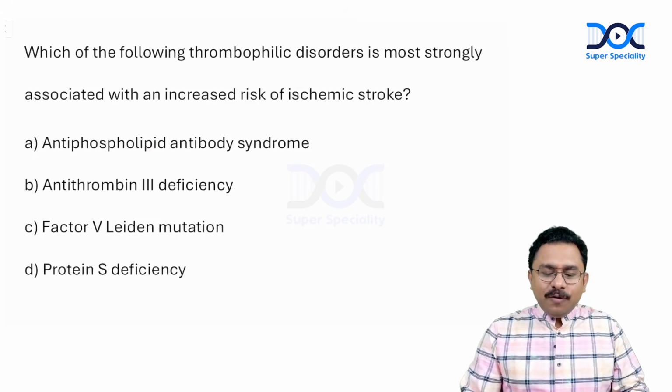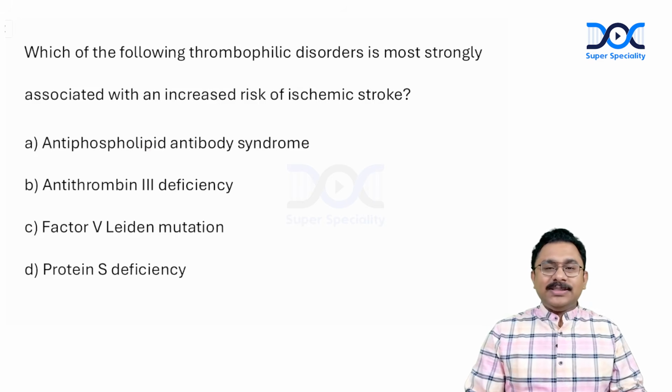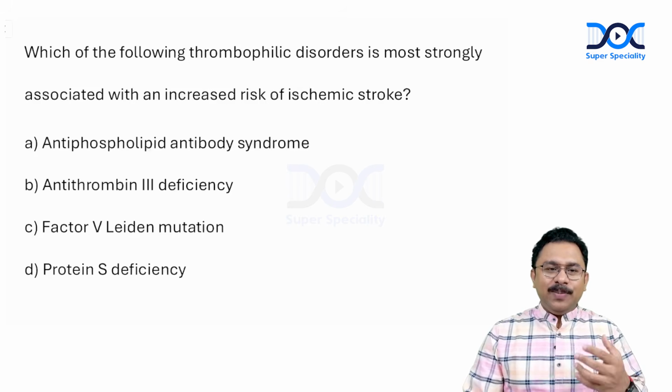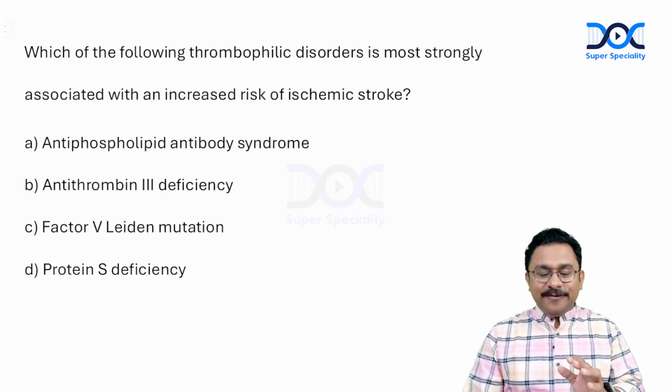Which of the following thrombophilic disorders is most strongly associated with increased risk of ischemic stroke? The four options given are antiphospholipid antibody syndrome, antithrombin 3 deficiency, factor 5 Leiden mutation, and protein S deficiency.